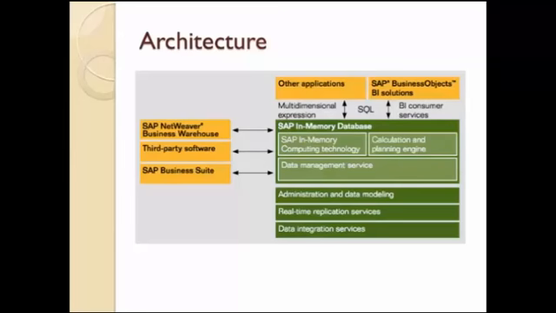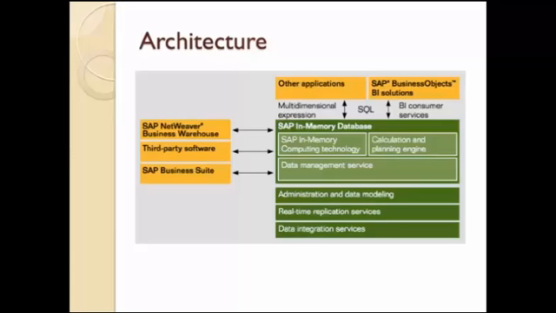Okay. Now on the left-hand side, you have existing systems from SAP as well as from other vendors, third-party software. So for instance, on the left-hand side, toward the bottom, you have SAP Business Suite, such as ERP, CRM, and so on.